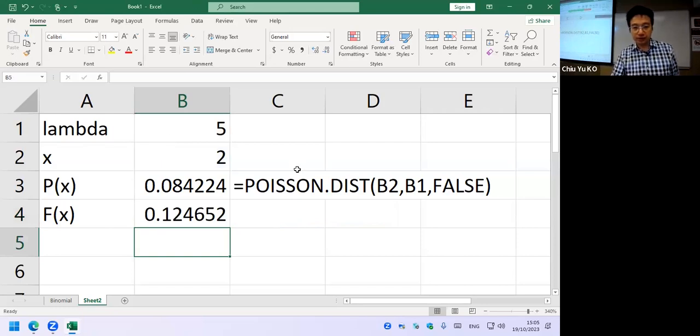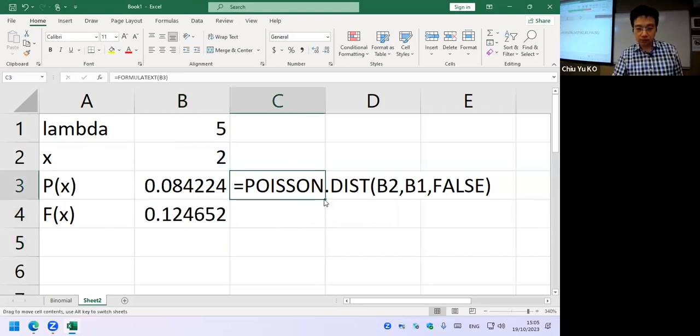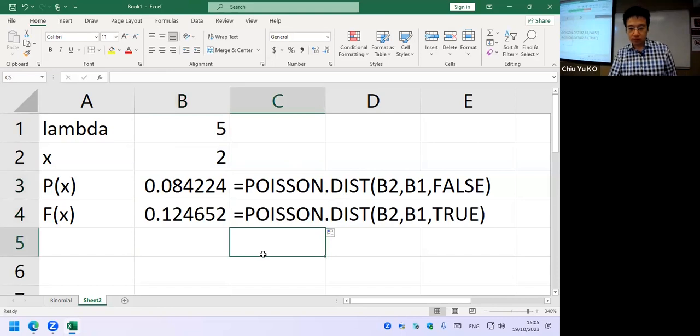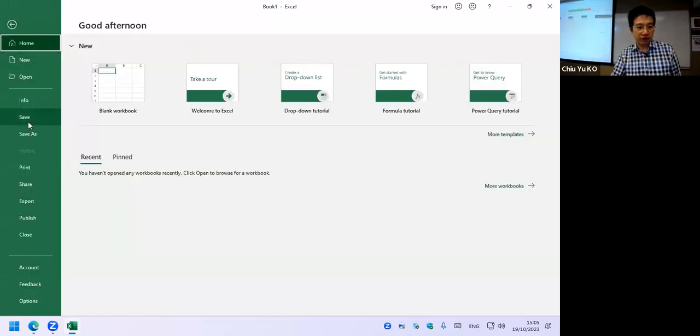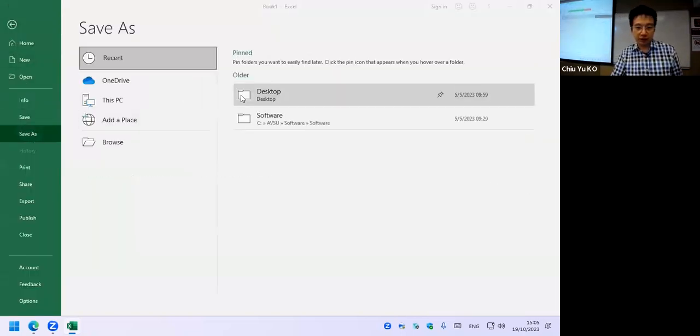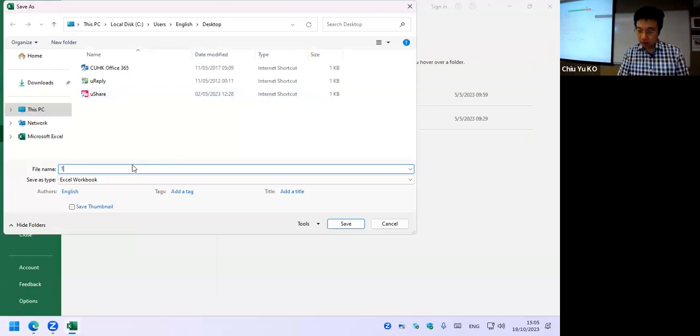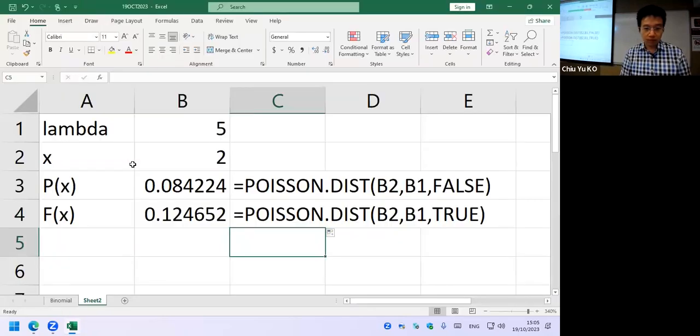So this will be the answer. Let me save the file first before I continue. Is that okay? Same answer.